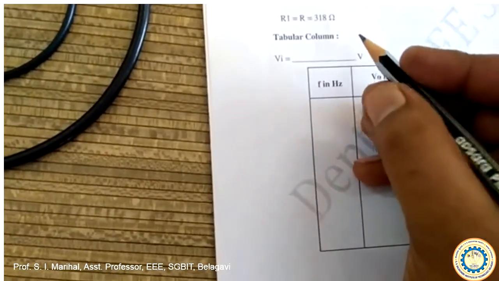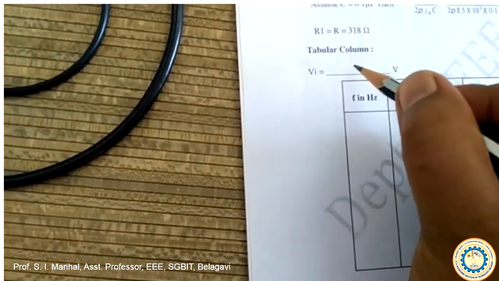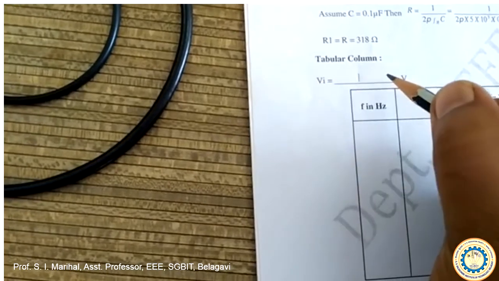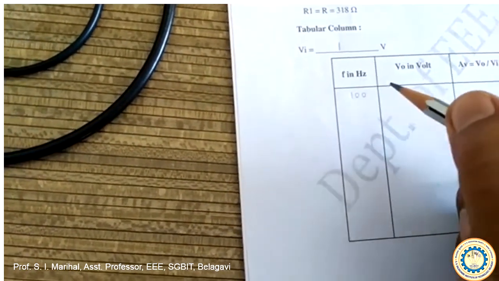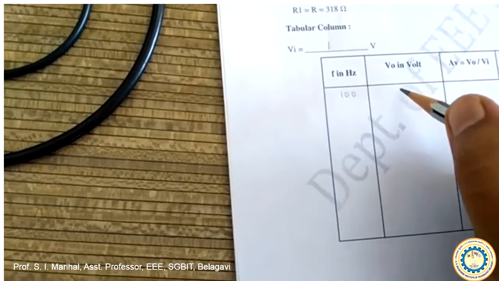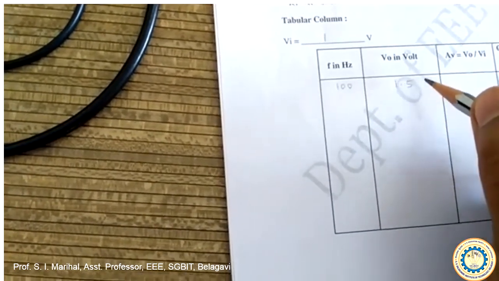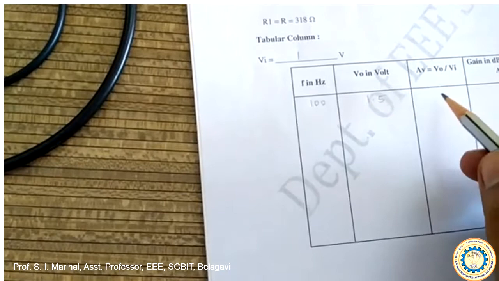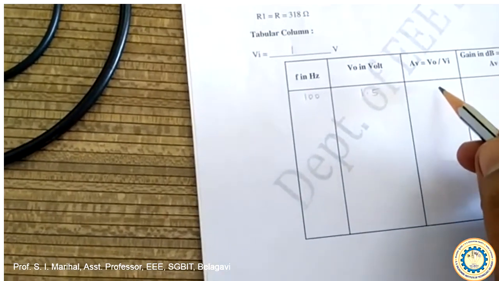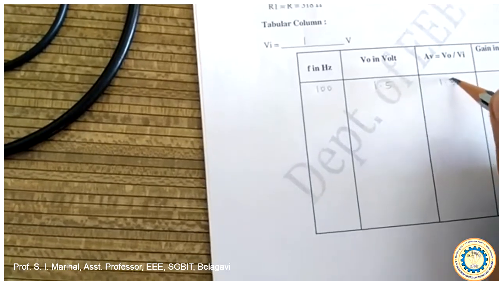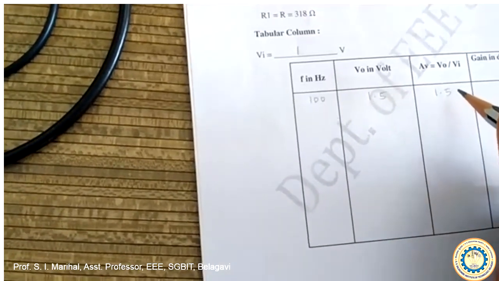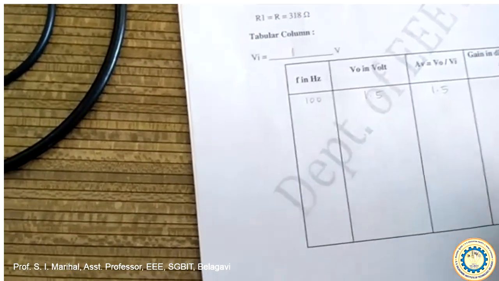So we have input voltage as 1 volt, frequency is 100 hertz, and output we are getting as 1.5. So we can calculate the gain of the circuit. It is 1.5 divided by 1, so it is 1.5.